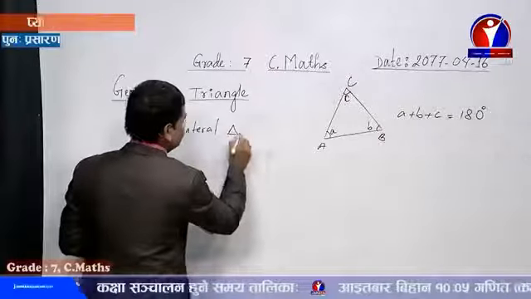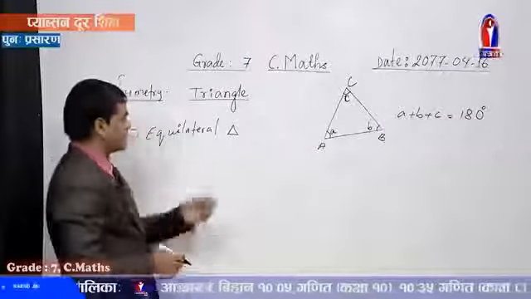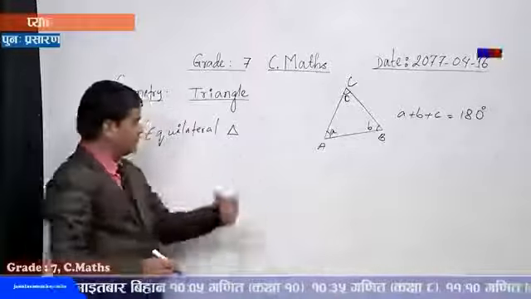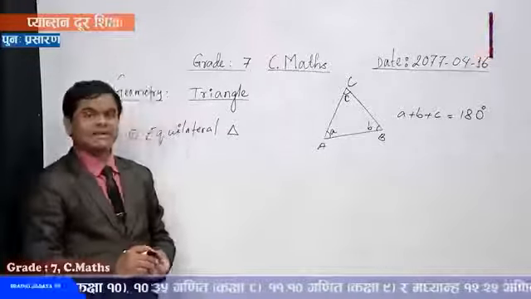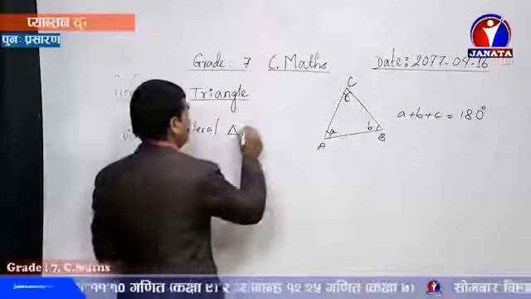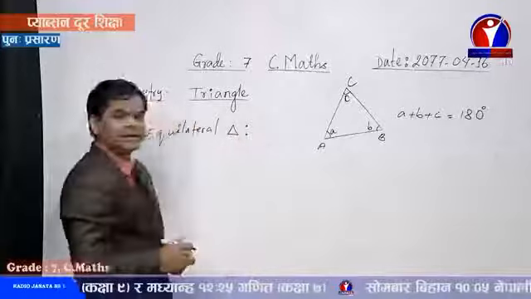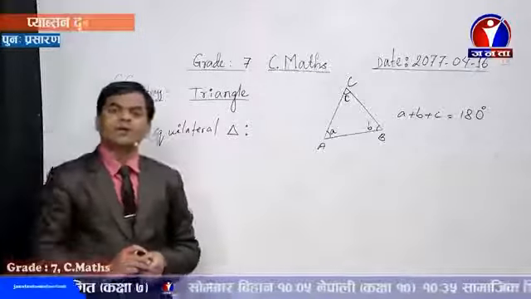I am going to write it symbolically; this is the symbol of triangle. Rather than writing the spelling, you can write the symbol, as it is a mathematics subject. So an equilateral triangle means a triangle having all sides as well as all angles equal to each other.